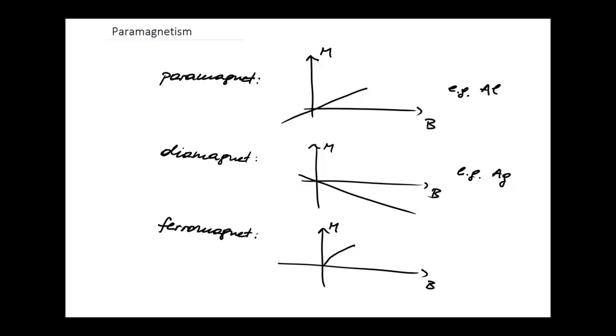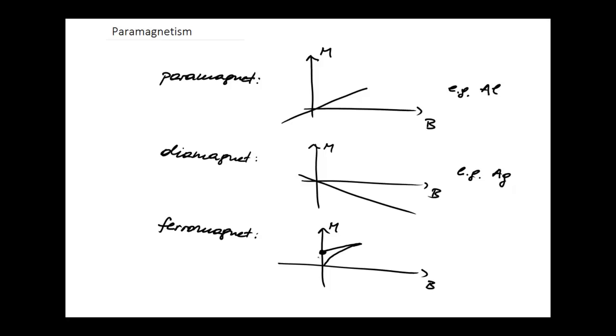So magnetization will increase. But then afterwards, when you switch off the external field, the magnetization will not go back to zero, but the ferromagnet will retain a finite magnetization, even though the external magnetic field is now switched off.